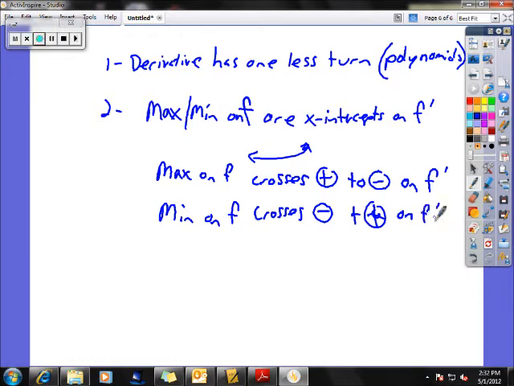And of course we're always reading in what direction? Left to right. Okay, so that's important. When we say cross is positive to negative, we're talking about from left to right. So that's like this. If we're talking about negative to positive, we're talking about like this. Okay, that's how it crosses the x-axis on the derivative graph.